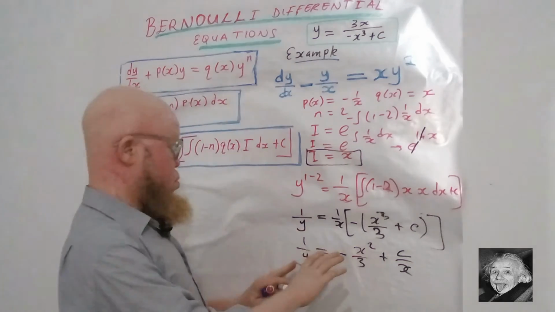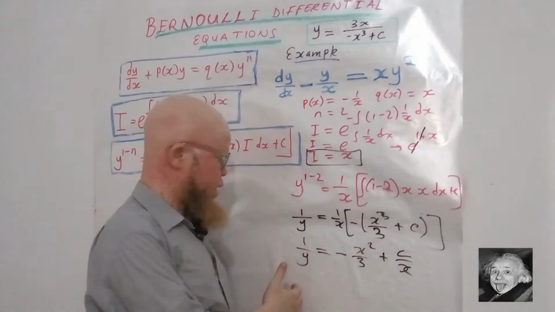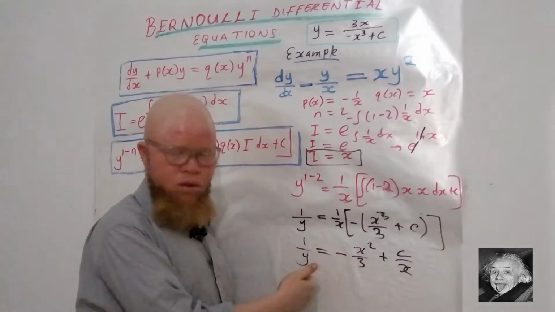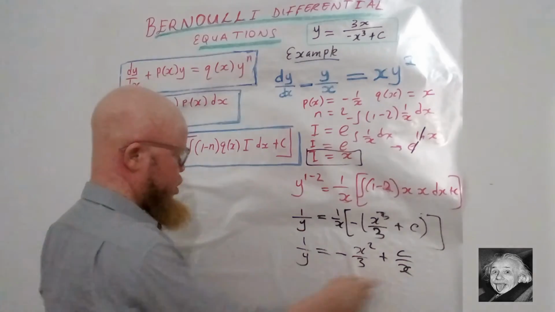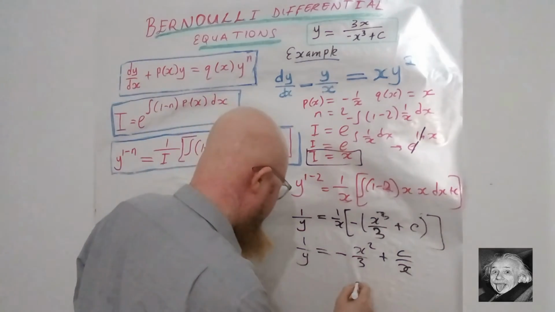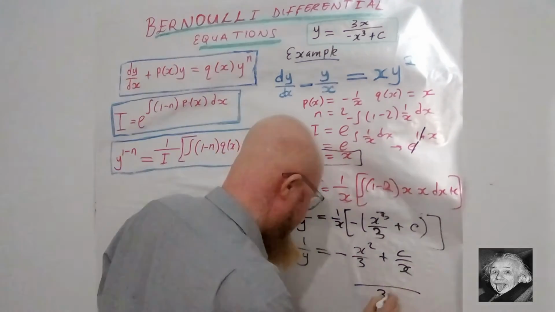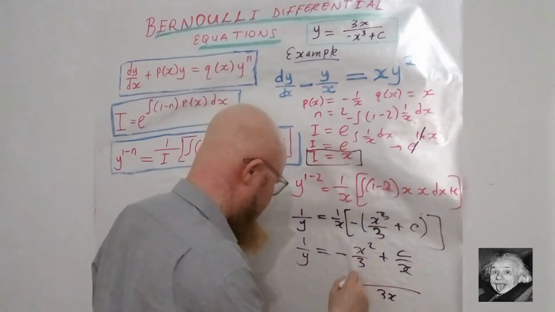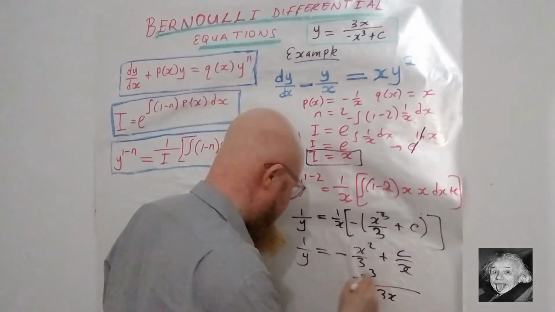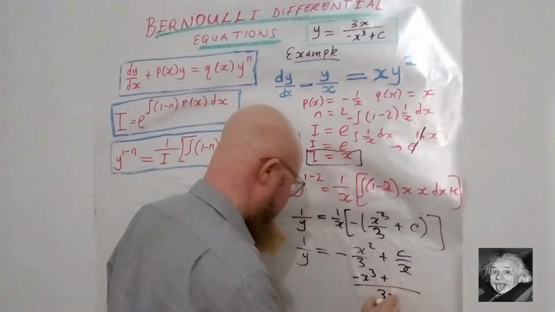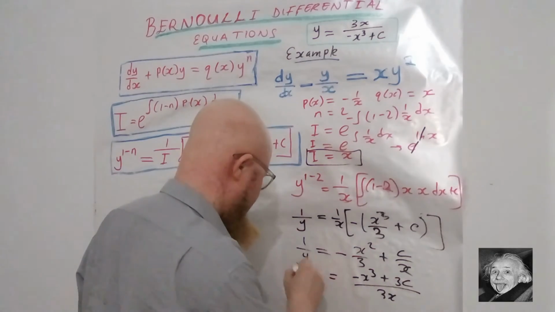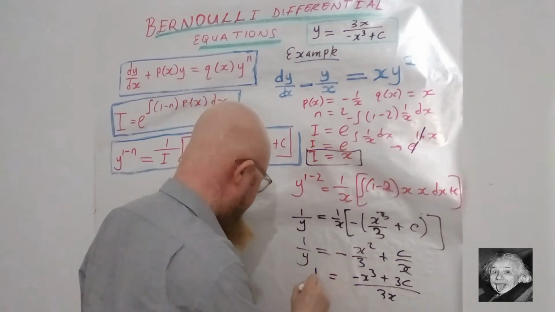Now we want to present this answer as y equal to something, because this is 1 over y. To do that, let's find the common denominator. Our common denominator will be 3x, so we have minus x cubed plus 3c, over 3x, equal to 1 over y.